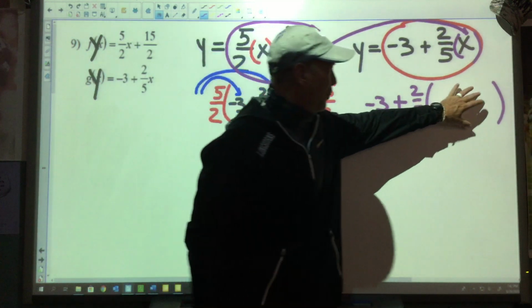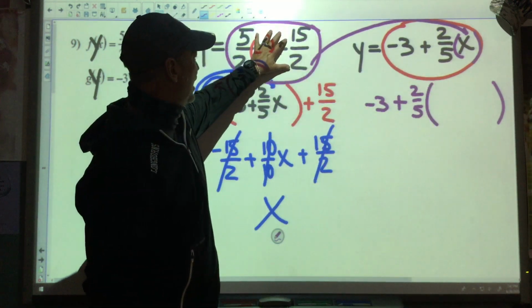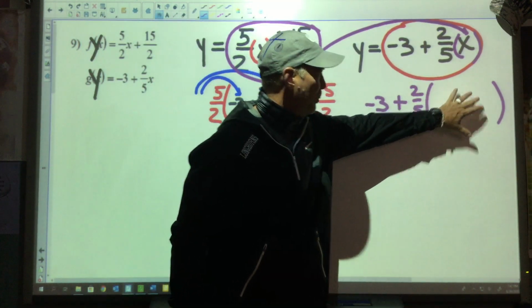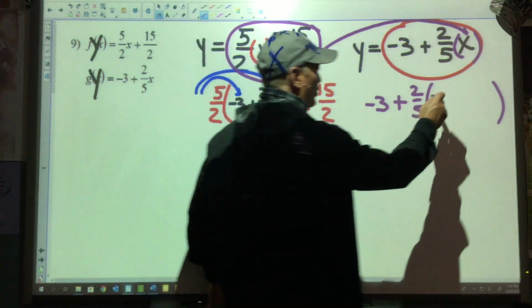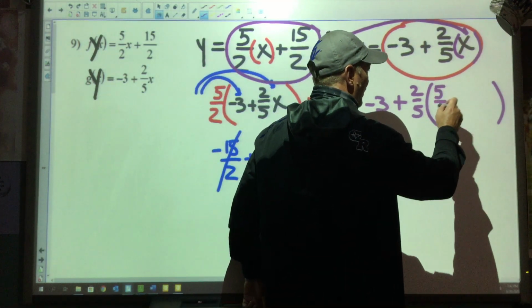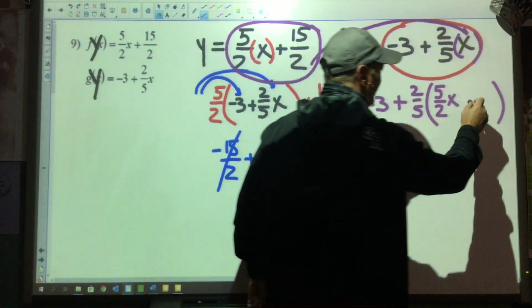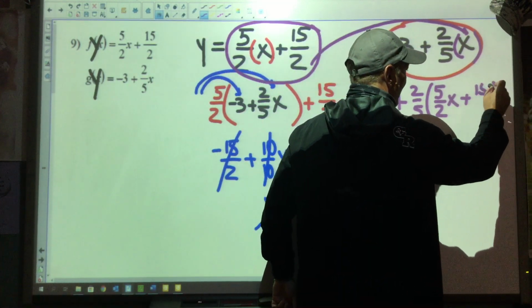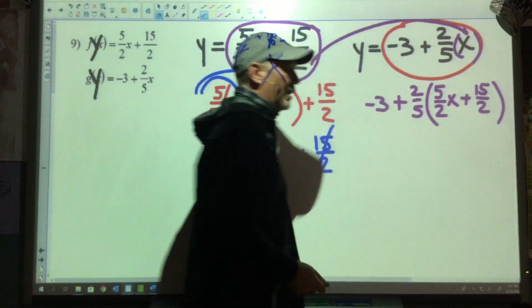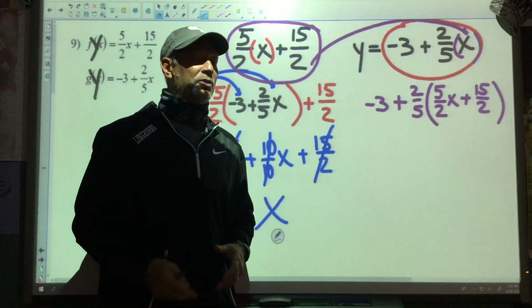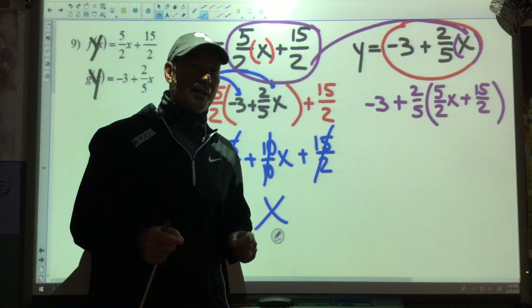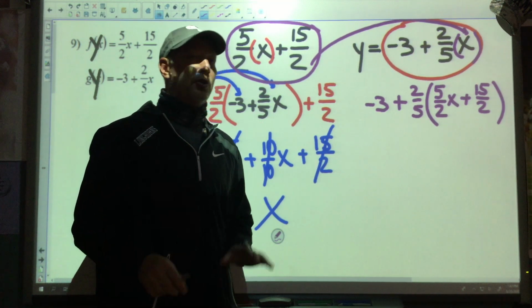Remember, what are we going to put in this parenthesis? We're going to take this entire chunk and put it right here in the parentheses. We're going to say 5 over 2x plus 15 over 2. Some of you may have a phobia of fractions, but if you take it one step at a time, take small bites, you're going to be fine.